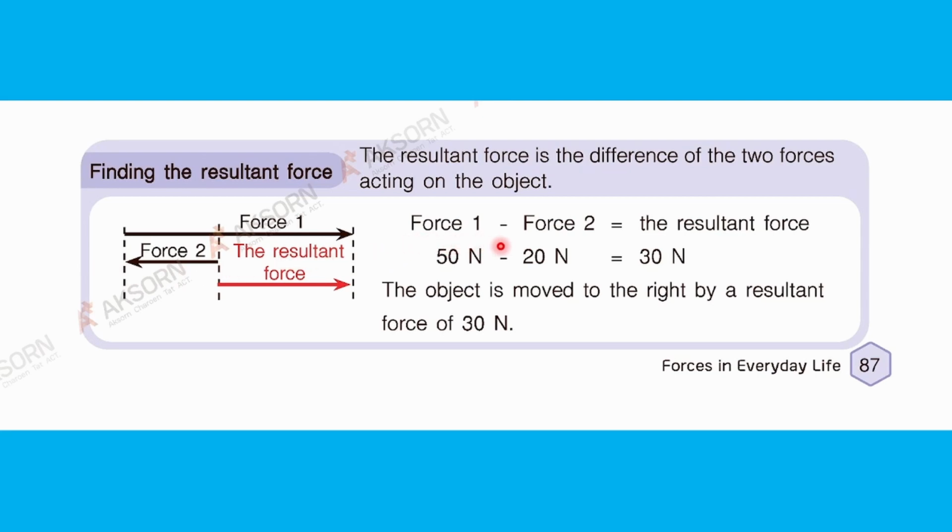So force 1 minus force 2 equals the resultant force. 50 newtons minus 20 newtons equals 30 newtons. Okay, so here is the difference of 30 newtons, and it's pushing in the same direction as force 1. The object is moved to the right by a resultant force of 30 newtons.